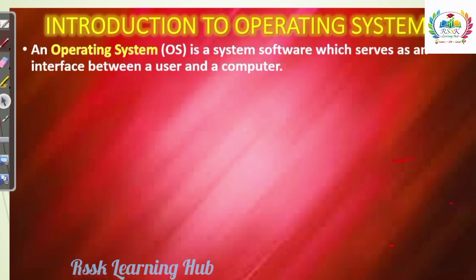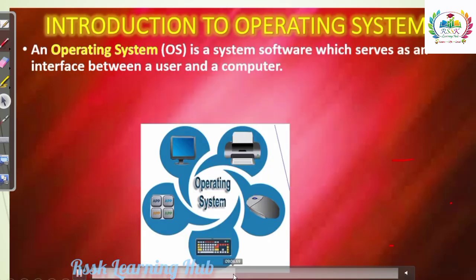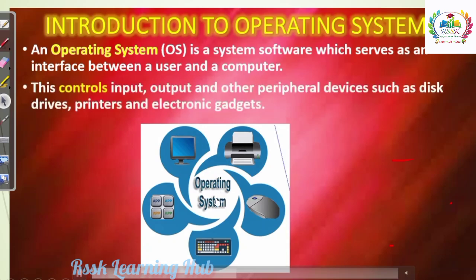So the user part is interacting with your OS, and the OS gets information from your hardware and software. Now see this, your operating system operates various controls based upon your input, output, and other peripheral devices like disk drive, printer and electronic gadgets, all of which interact based upon this OS.